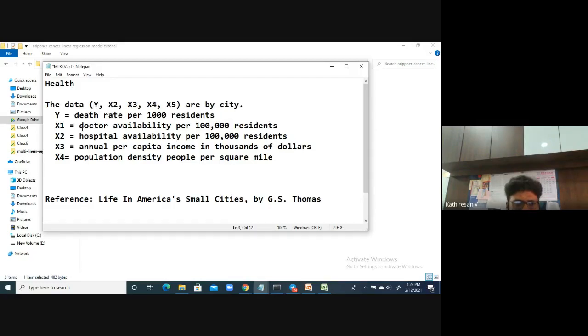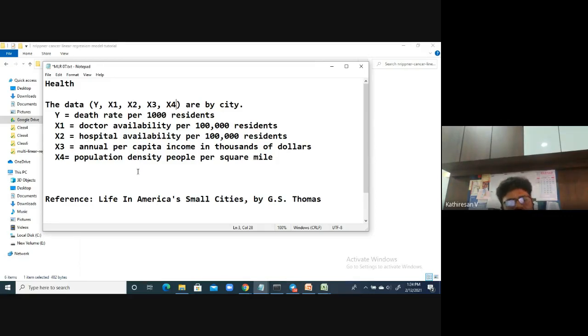Then x1, x2, x3, x4, you change according to that. So here y is death rate per thousand residents, x1 is doctors availability, x2 is hospital availability, x3 is annual per capita income, x4 is population density.